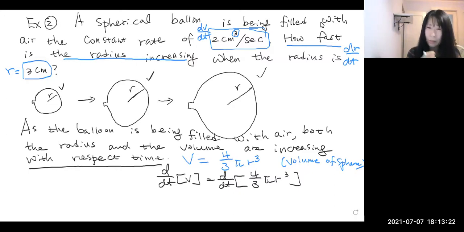So we take the derivative of V with respect to t, what do you get? So like implicit differentiation, when we differentiate y, we differentiate it as a function of x, right? Then we apply the chain rule, right? Same as here. So we take the derivative with respect to t in this case, right? But then we apply the chain rule. So what do you get for this one?